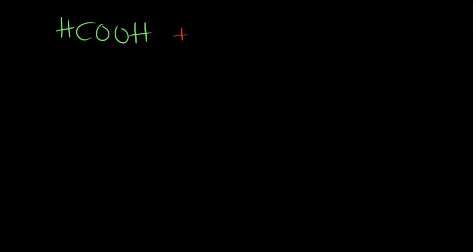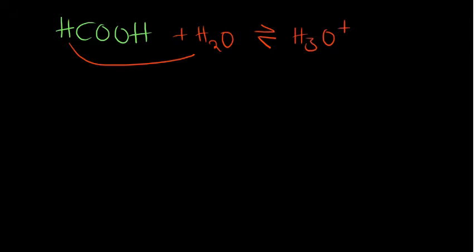So we're just going to say plus water, and it is a weak acid, so we expect production of hydronium ion after a loss of a proton, and then after it has lost a proton, it will become COOH, and then it will become negative.